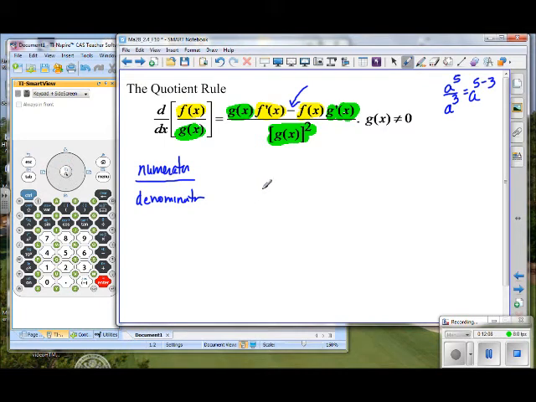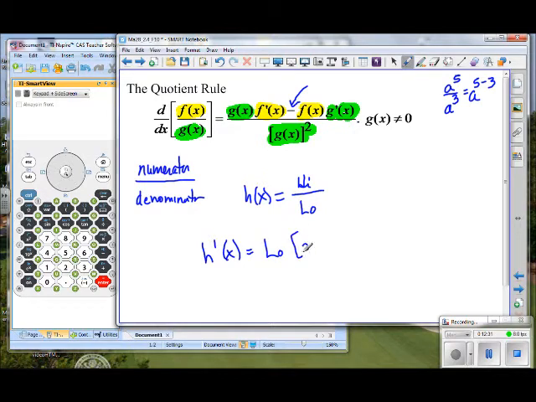The other way is sometimes we have some other ways of remembering things, and you might have seen this before, but I'm going to look at it this way. Suppose that my numerator is high and my denominator is low. Then the derivative of this goes like this.